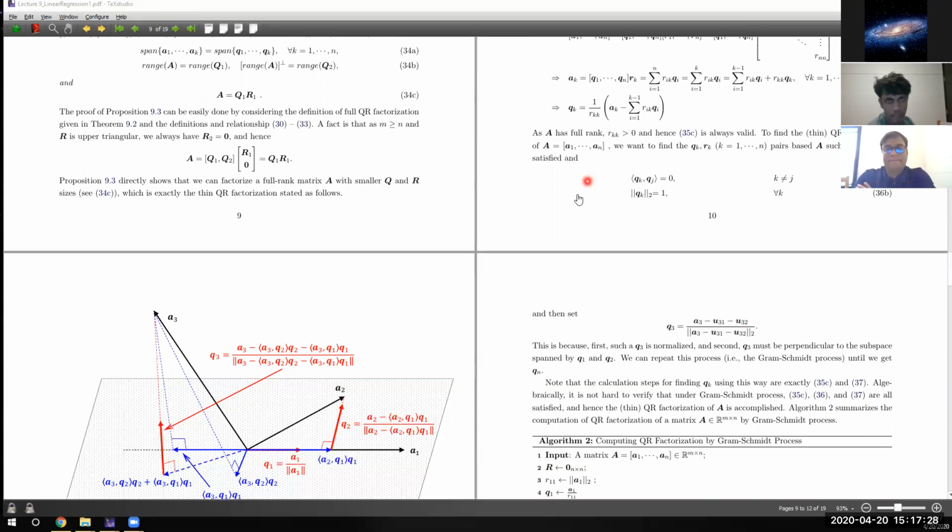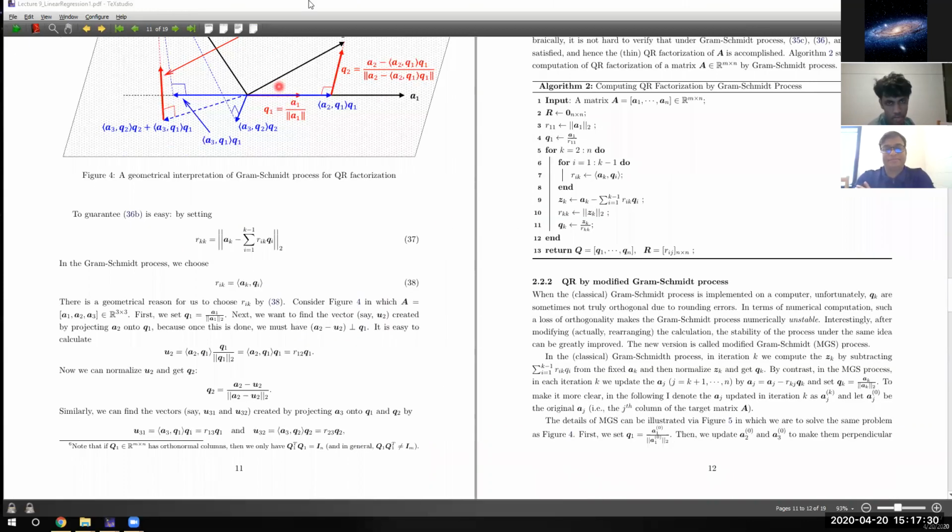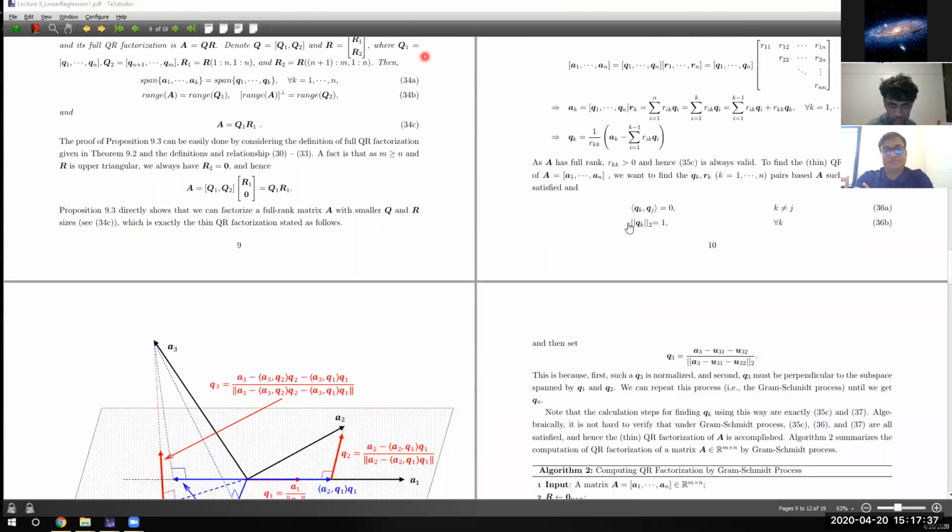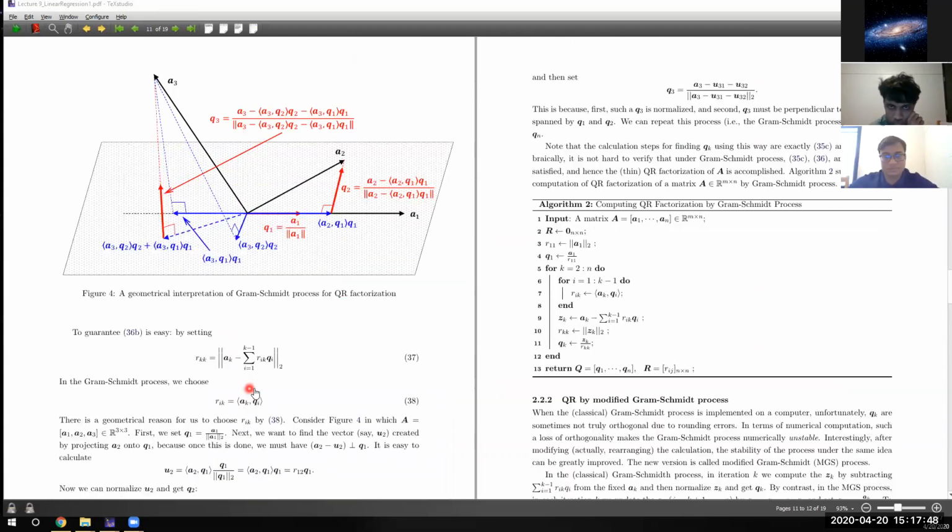Okay, you know what I mean? I don't know whether you did it. What I mean is you need to check this. First of all, you have Q_K equals to this, and you also have R_KK equals to this, and also R_IK equals to this.